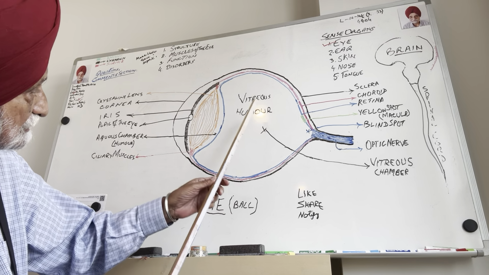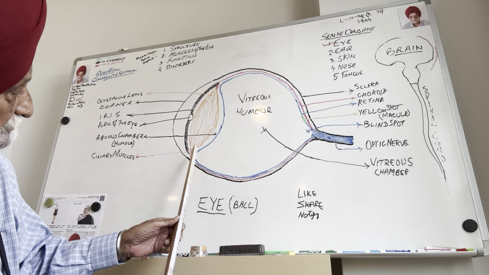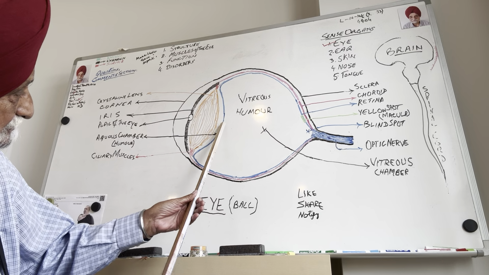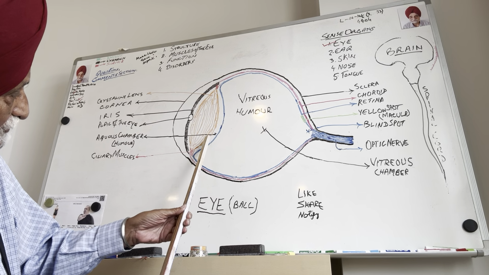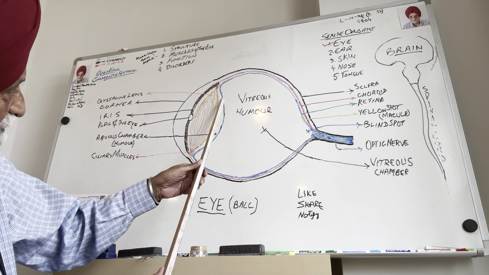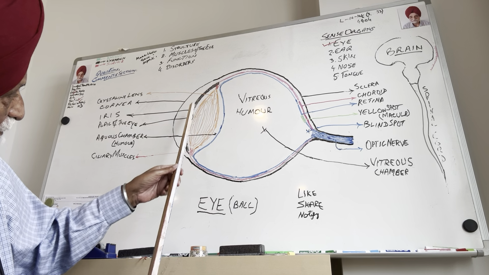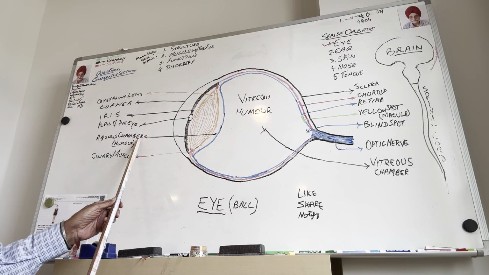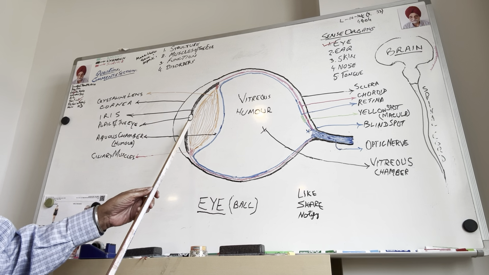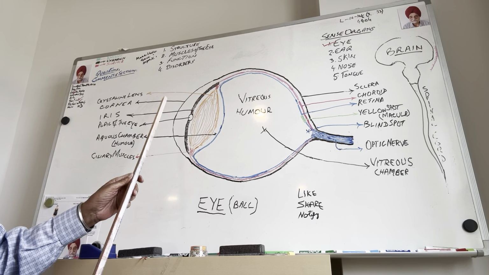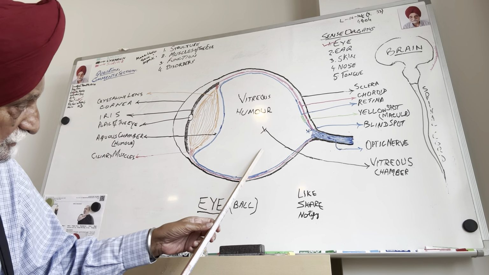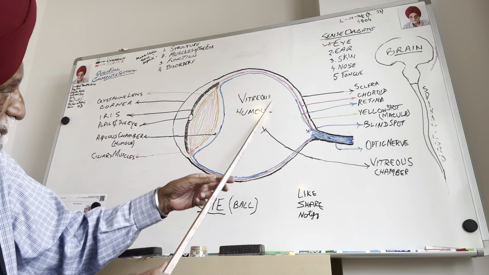The retina in the front region is thrown into a depression. This depression makes a space here, and that space is called the aqueous chamber. And there's a space inside the retina, and that is called the vitreous chamber.